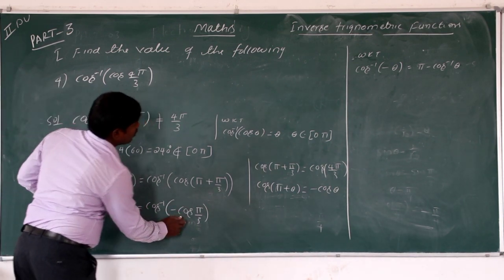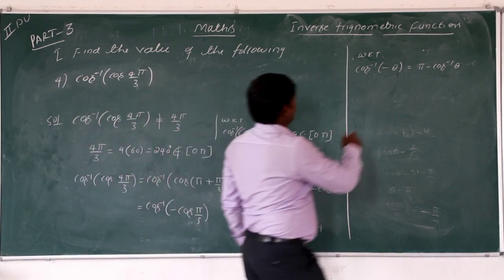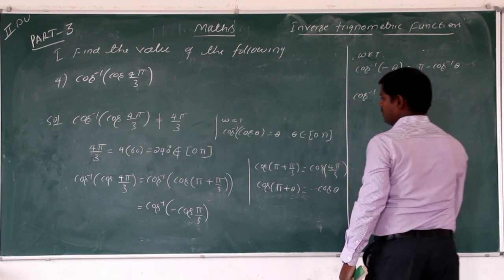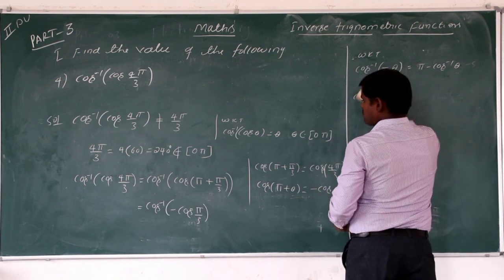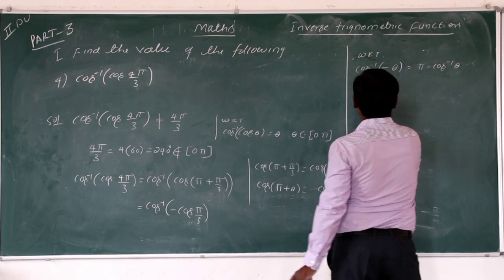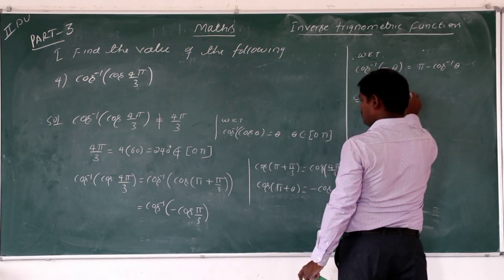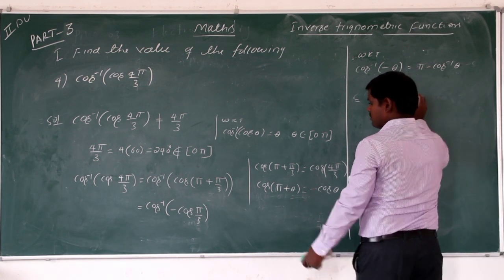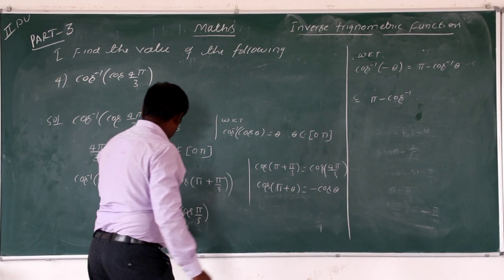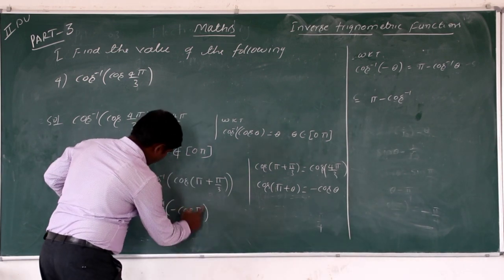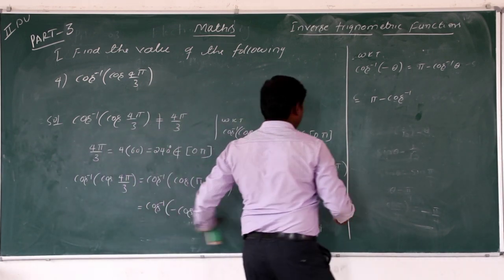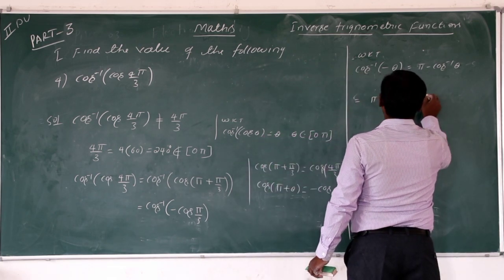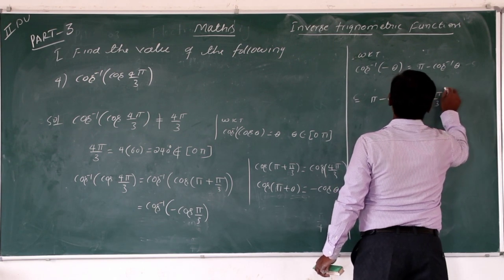By this property, this can be written as pi minus cos inverse of cos pi by 3, taking cos pi by 3 in place of theta.